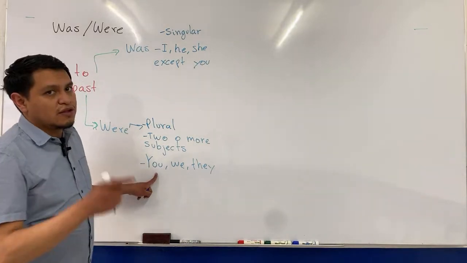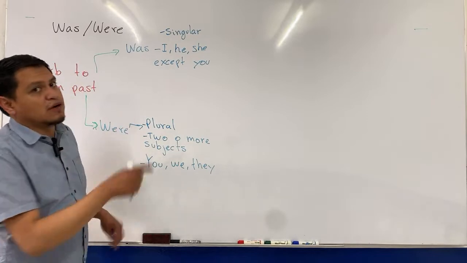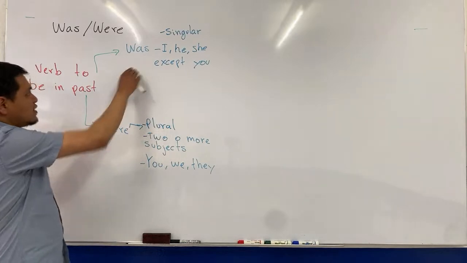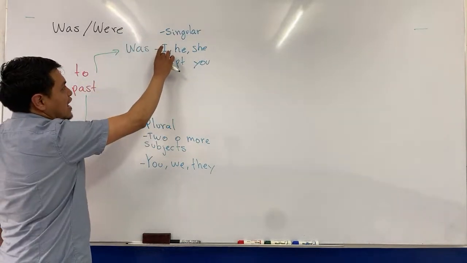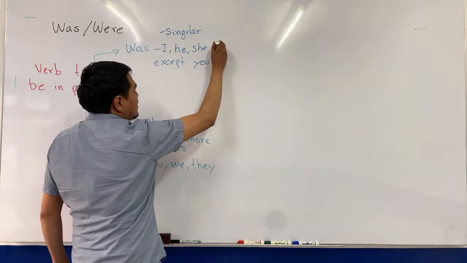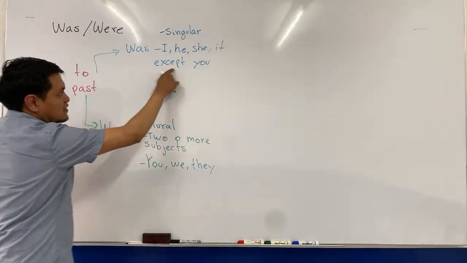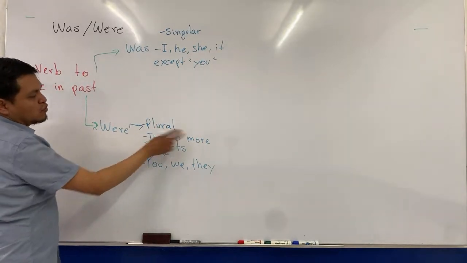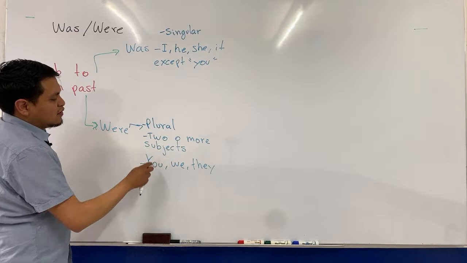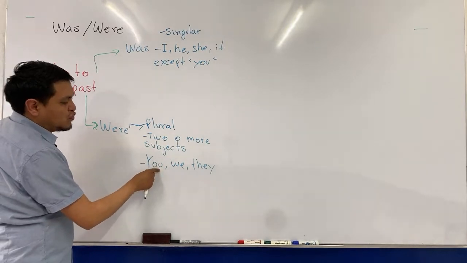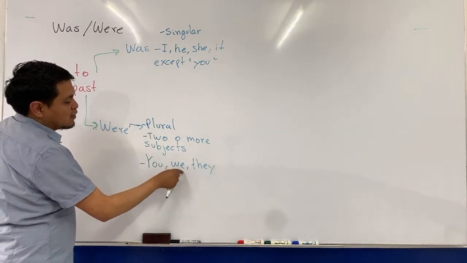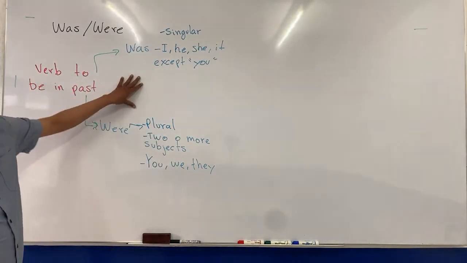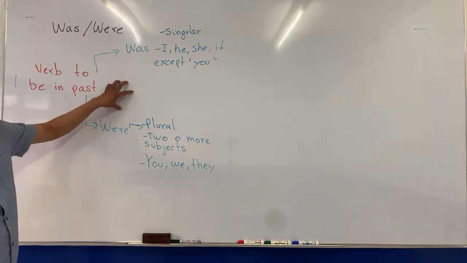For singular, you, tú, and for plural, you, ustedes, right? For both words, so was, were, singular, plural: I, he, she, and it, except you. And were we use for plural, two or more subjects: we, the personal pronoun you in both ways, we, they, right? Please copy this in your notebook.